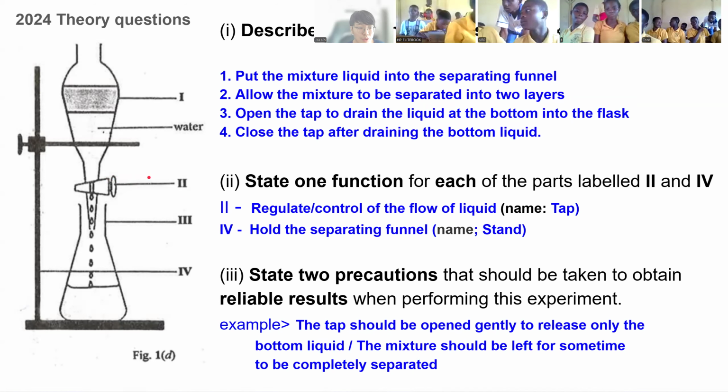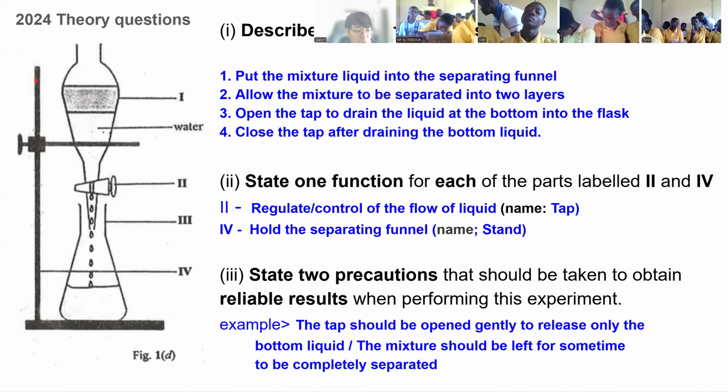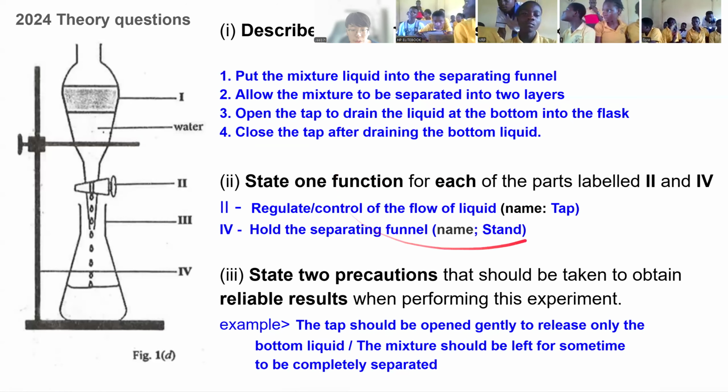We can control how much liquid goes past this tap by twisting and turning the knob. We can control how fast the liquid goes down. The number 4 is this part on the left on the outermost apparatus. This part holds the separating funnel. It's called the stand.